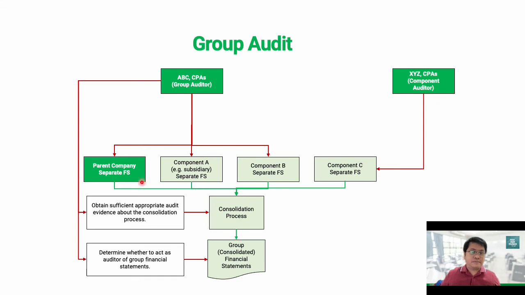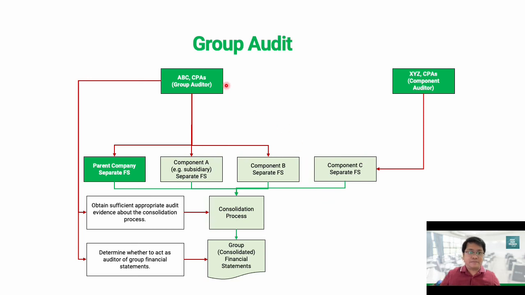Okay? So with respect to the FS of the parent company, component A and component B, no problem because you are the one auditing them. But with respect to component C, you'll also have to ensure that there is sufficient and appropriate evidence with respect to the financial information of component C. After all, the information from component C will be included in the group financial statements.